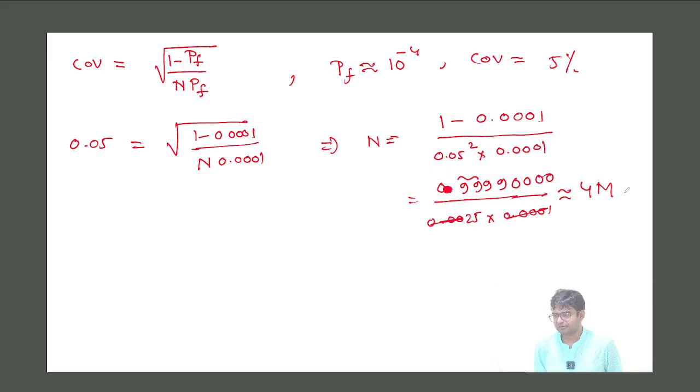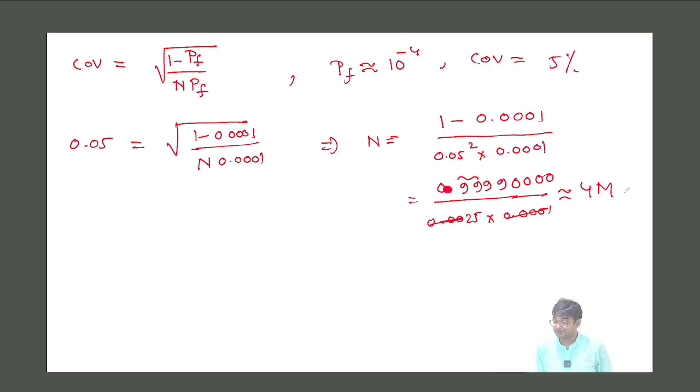Extremely rare event, 10 to the power minus 12 to 10 to the power minus 20. So when you design a nuclear reactor, for example, you target 10 to the power minus 15 or something like that. Nuclear reactor, the size you can imagine, with 10 to the power minus 15 you can imagine doing MCS. I think you have to take birth 5, 6, 7 times, and then still that calculation will go on. Okay. So that's the scenario.